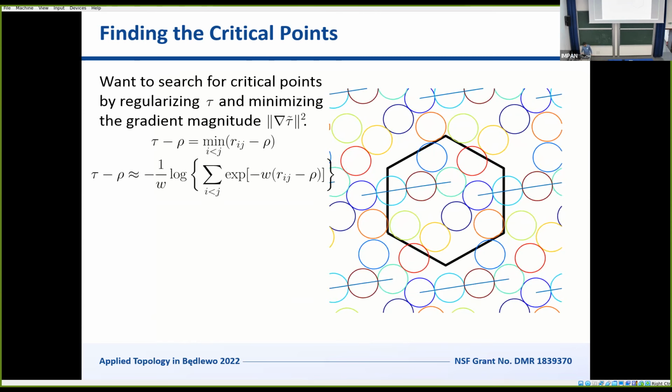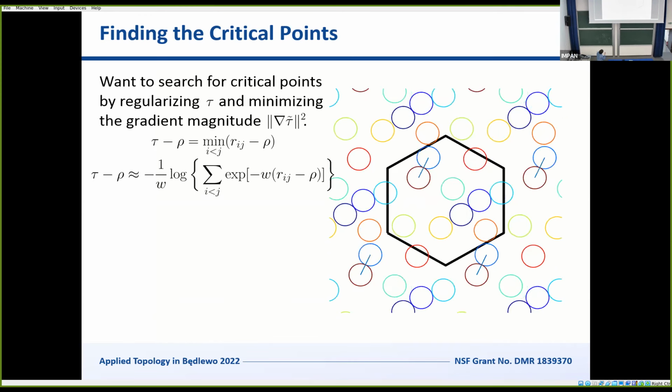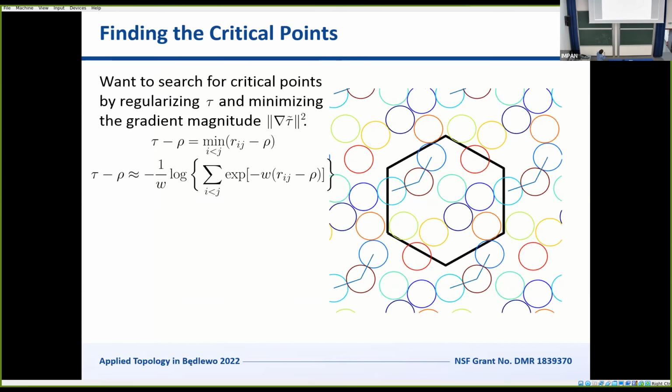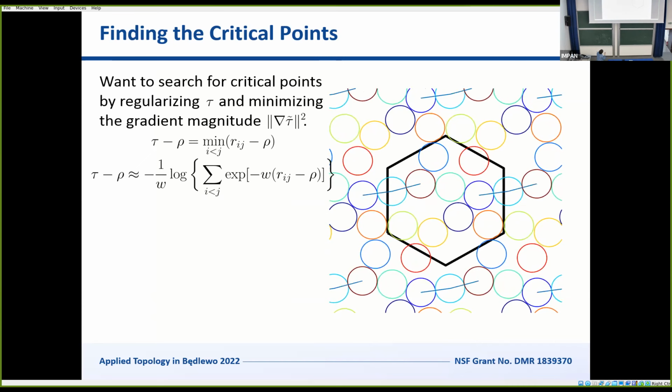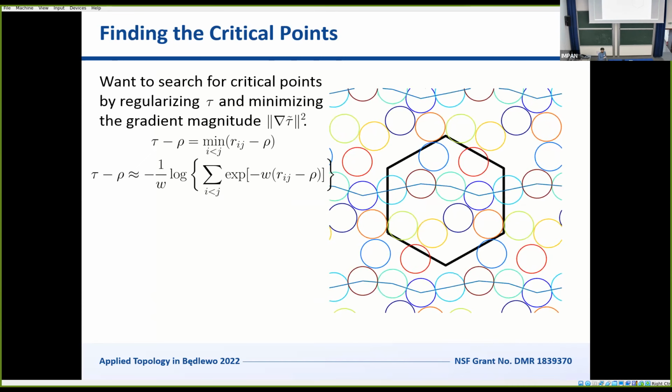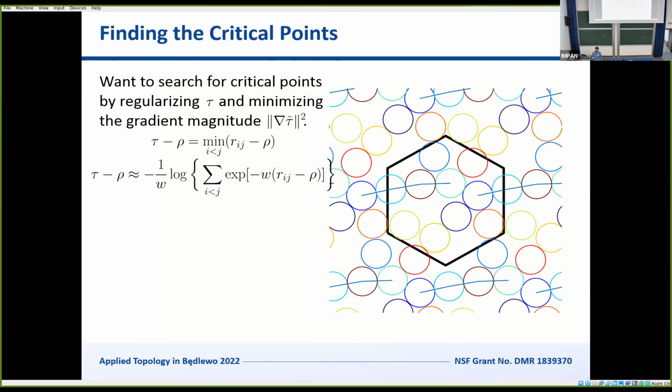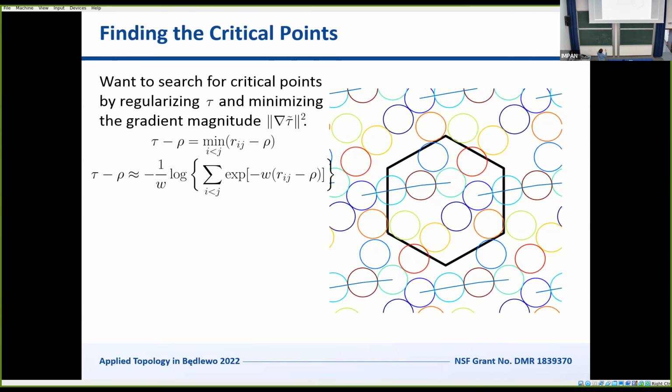This is known as a soft min approximation. I have these exponential functions, one for each pair of disks. The pair of disks with the smallest separation is going to have an exponentially larger contribution than anything else. The logarithm kills everything except the largest one, and so this acts like a min.